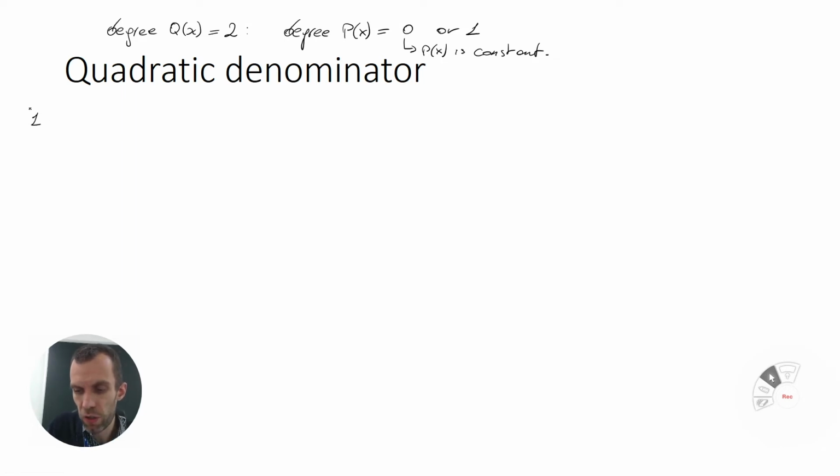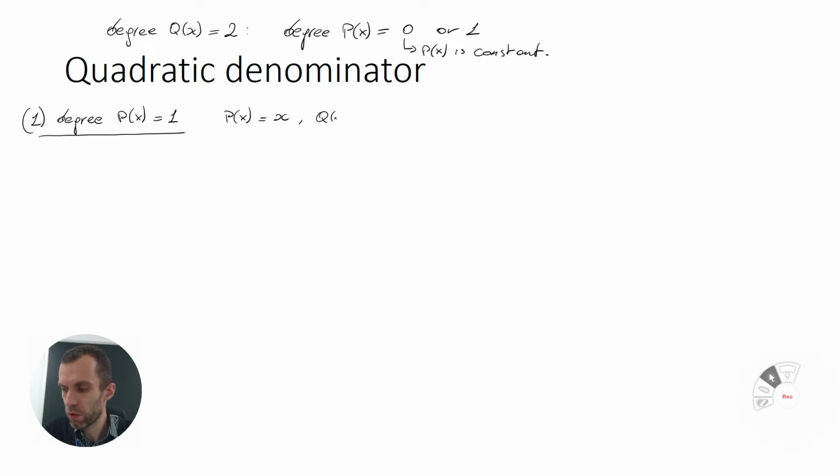So we'll start with the case where the degree of p of x is 1, and in particular we'll take p of x equal to x, and then q of x equal to x squared plus or minus a squared. So in the first case we have x dx divided by x squared plus a squared, and here you can do a substitution.